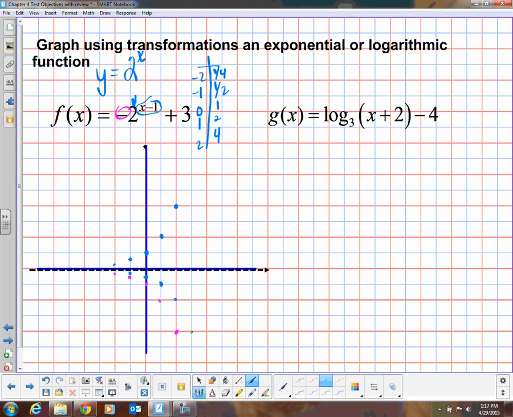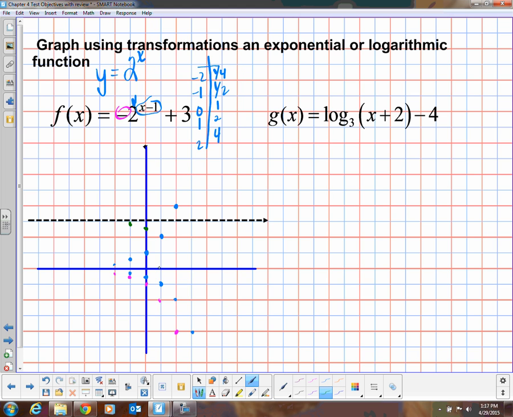And then what do I do to all those points? Up 3. So we're on blue. 1, 2, 3, and it's going to be close. Then we're going to have 1, 2, 3.